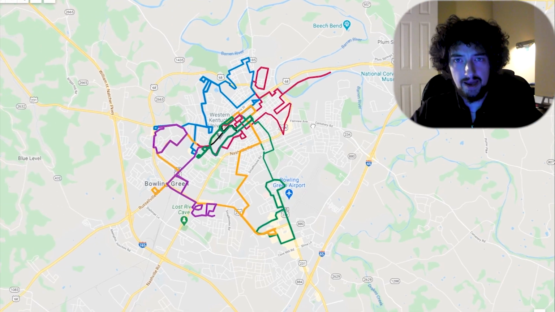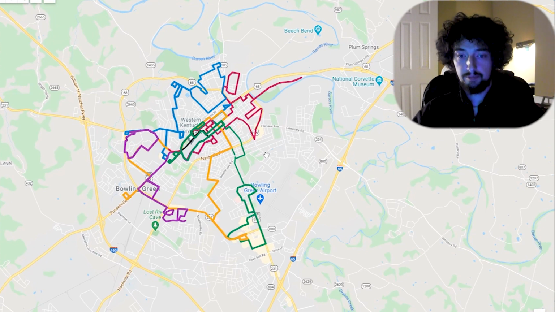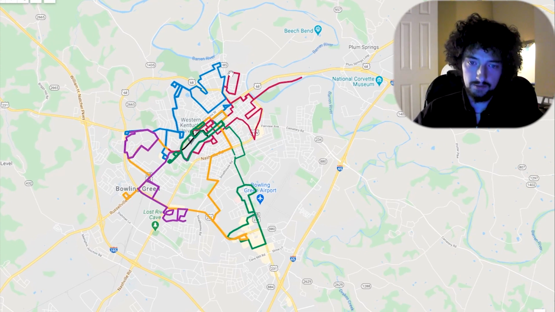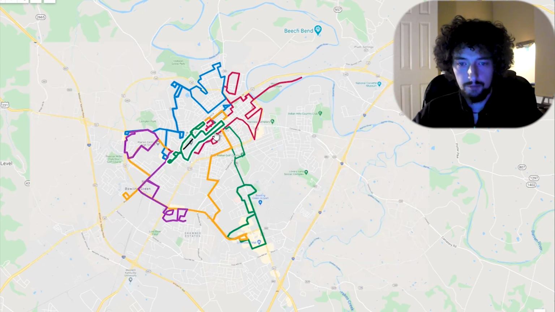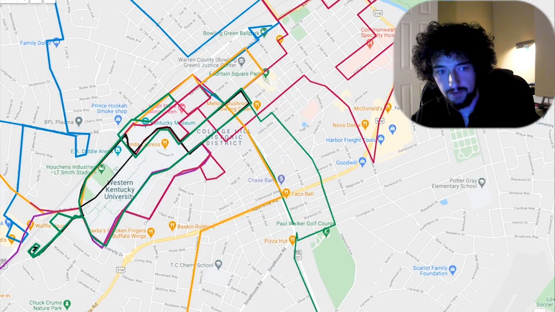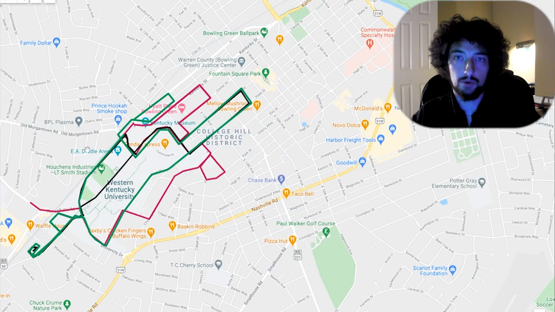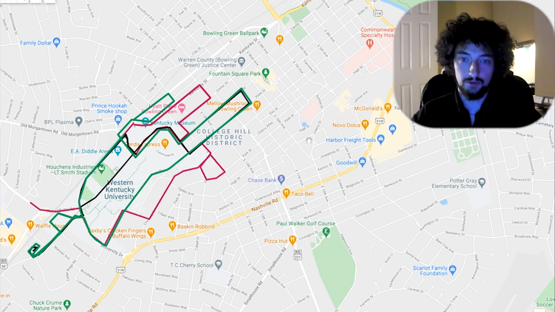This is the map of Bowling Green Transit. This is the BG Go bus that is in the red, blue, purple, and yellow. But also, I have the WKU routes, which go across the campus and help with mainly college students.